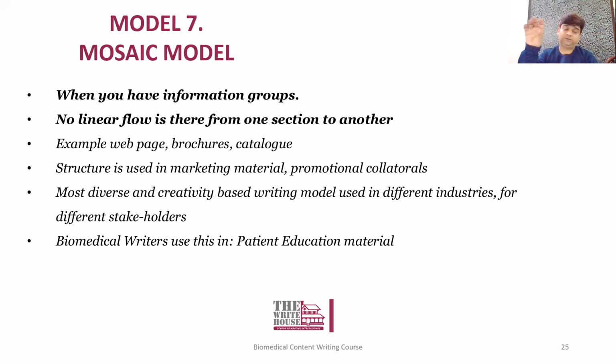You can see how the information is given: you need just these 4 particular things. Do you have these 4 symptoms? Have you ever taken these 4 drugs? This is the one drug. Have you gone for physiotherapy? Information in blocks like this is given in the form of catalogs or brochures, and that model is known as the MOSAIC.